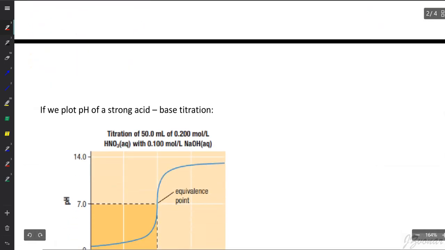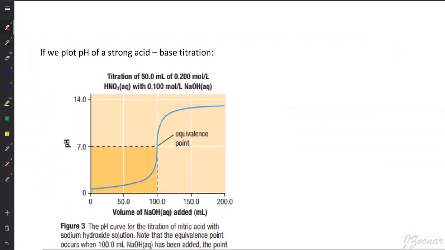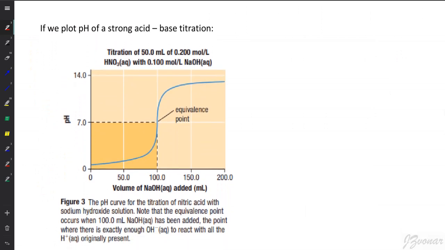Now, if we were to plot the pH of a strong acid-base titration, it is always going to have a very characteristic curve that will be distinguished for an acid-base titration. The curves are all going to look very, very similar.